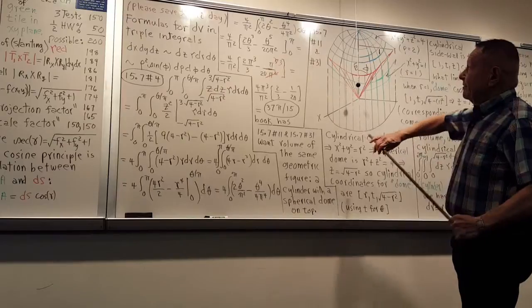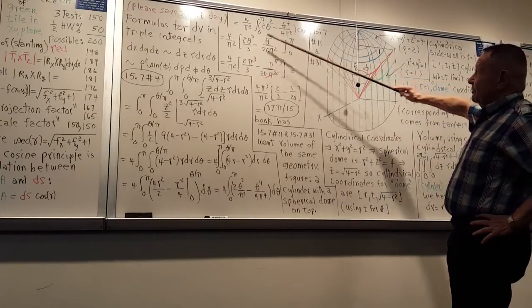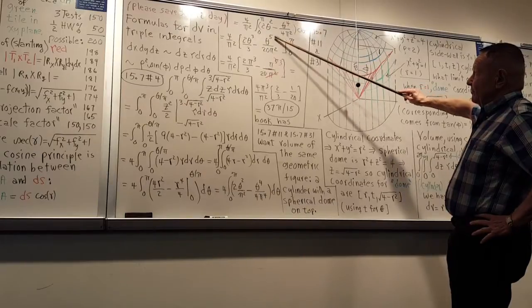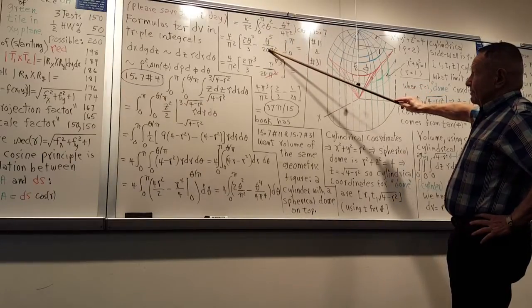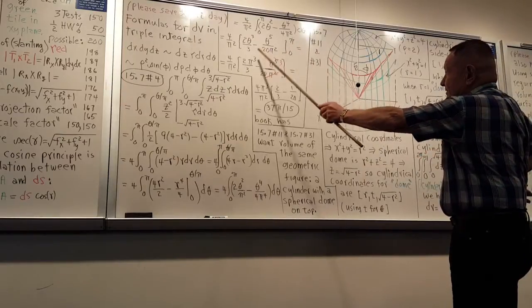So then I integrate this to theta cubed over 3, and then theta fifth, and 5 fours are the 20, and put in my limit.